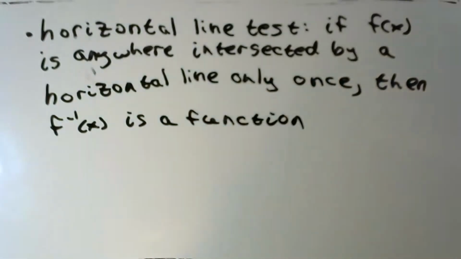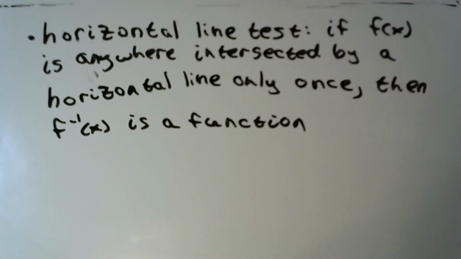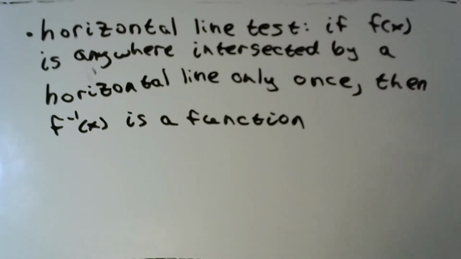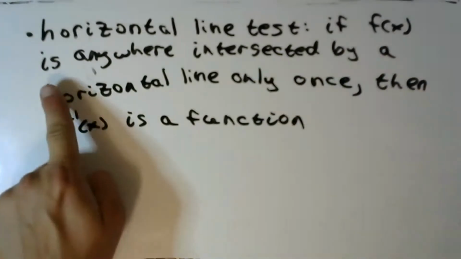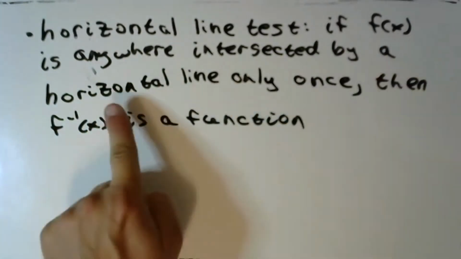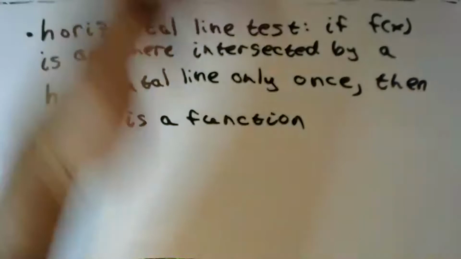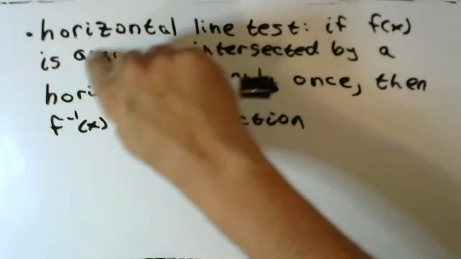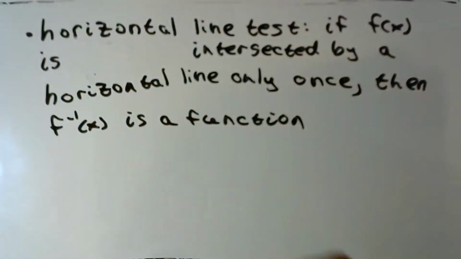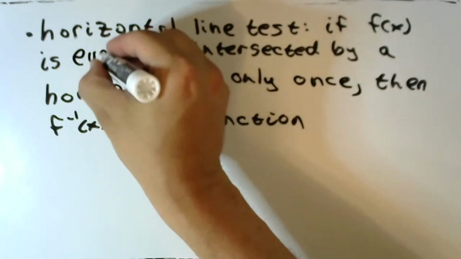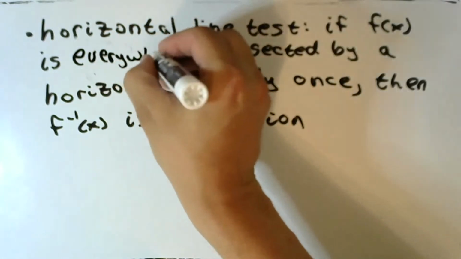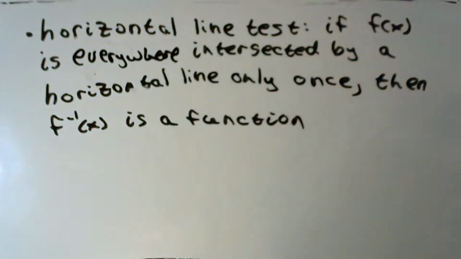Sorry about the little rise there. So the horizontal line test says this. If f of x is intersected by a horizontal line only once, and this is, I should say, everywhere, instead of anywhere, everywhere, then f inverse is a function.